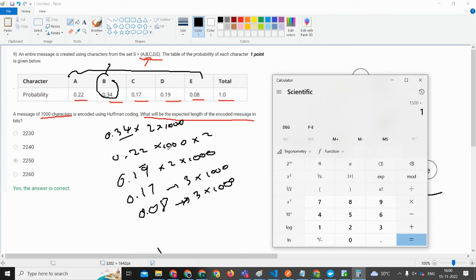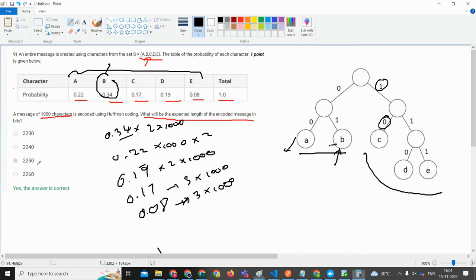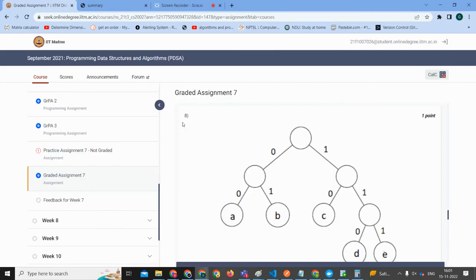I'm doing it like that. Then 170 times 3 plus 80 times 3. You arrive at the answer 2250. So this is just like how I used to do it earlier with the formula, and this is how you get the expected length of the encoded message in bits. Got it? Hope that's clear.